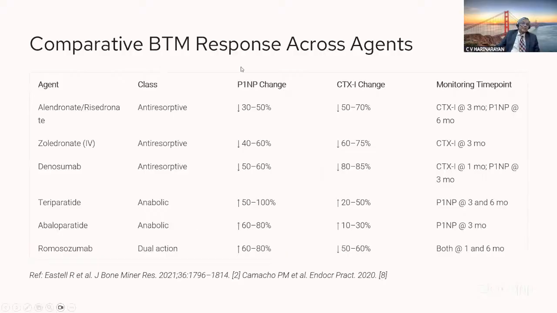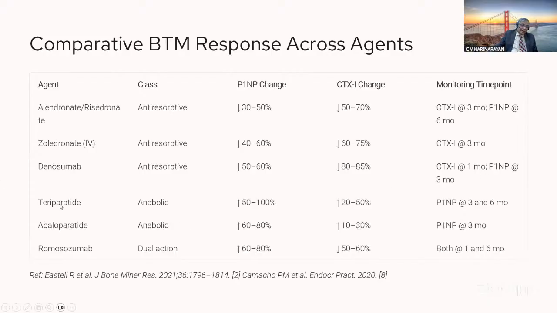So now, this is a comparative view of bone turnover markers across agents. The anti-resorptives are here on the top. Alendronate and risedronate are bisphosphonates. Denosumab is a RANK ligand inhibitor. So the P1NP comes down and the CTX also comes down. You monitor at the first to third month.